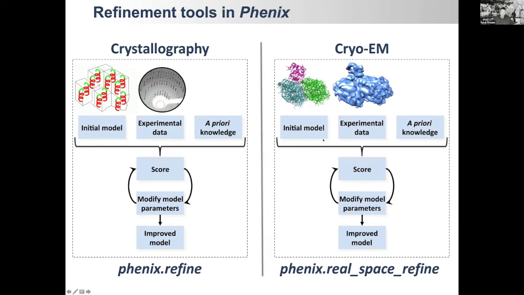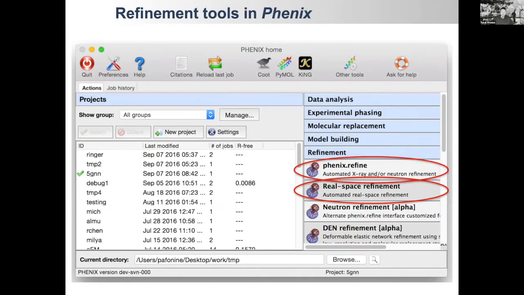And in Phoenix, we have two tools that specifically address crystallographic refinement and cryo refinement. Both are available in the Phoenix graphical user interface, and we will practice Phoenix Refine later today.